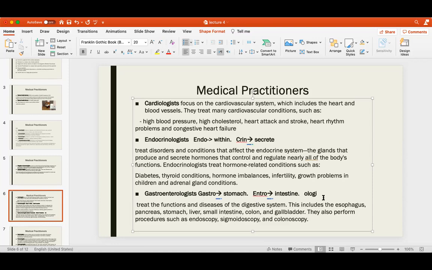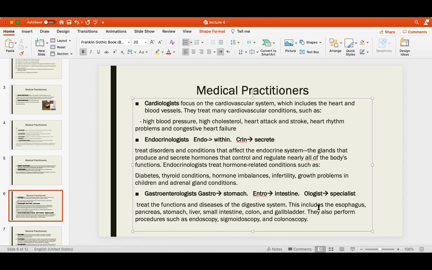And the suffix ologist means specialist. So this word gastroenterologist is a doctor who specializes in treating the functions and diseases of the digestive system, the stomach and the intestines.